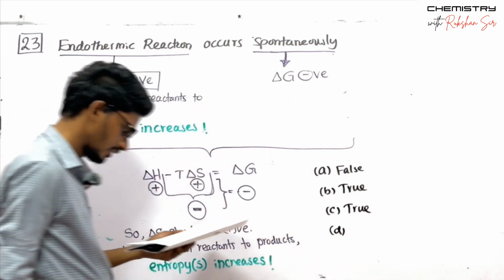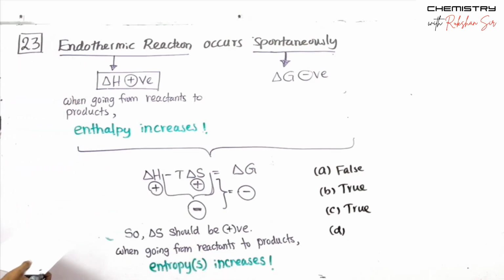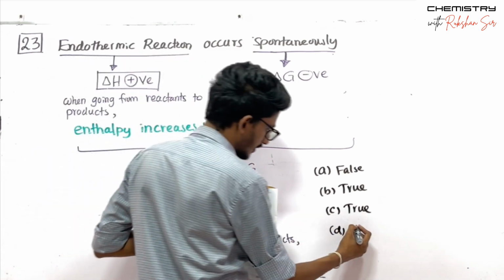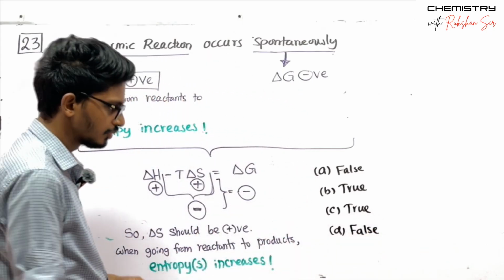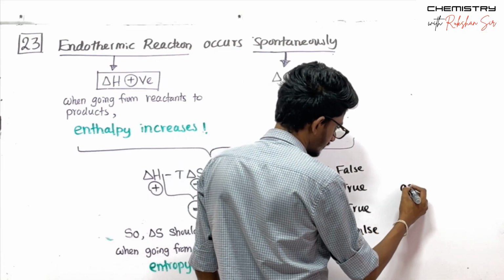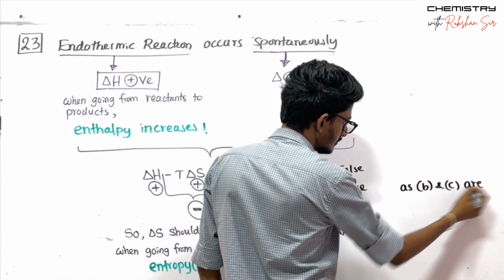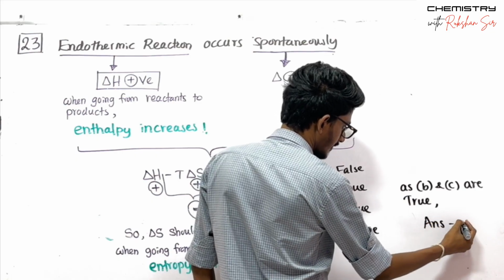D is entropy of the system does not change. No, entropy of the system does change and will increase. So this is false. So B and C are true. That means the answer is answer number 2.